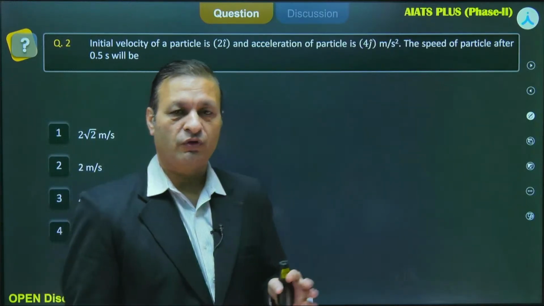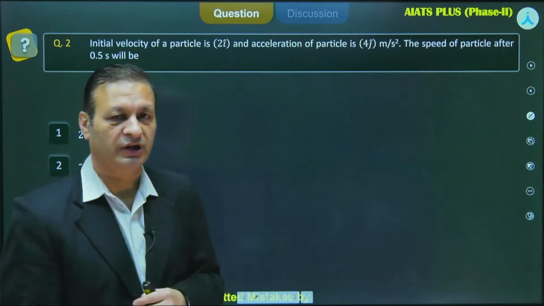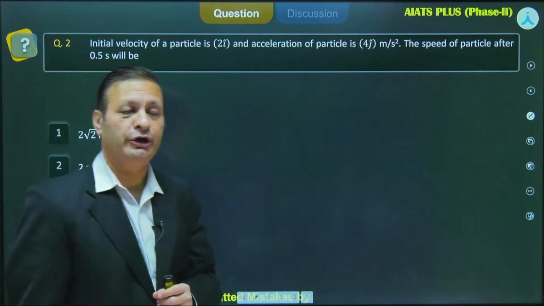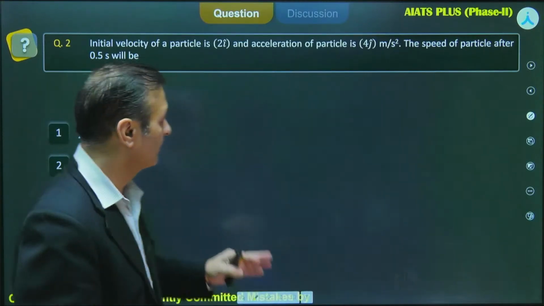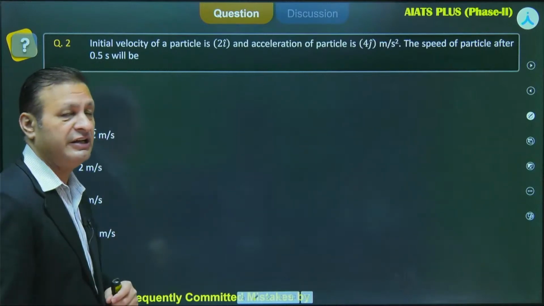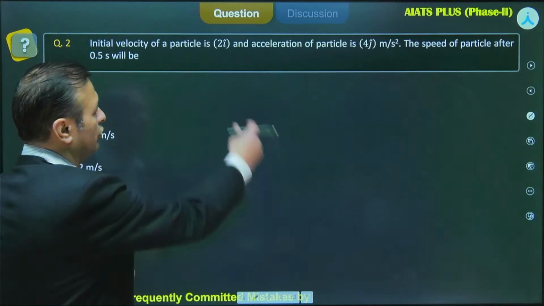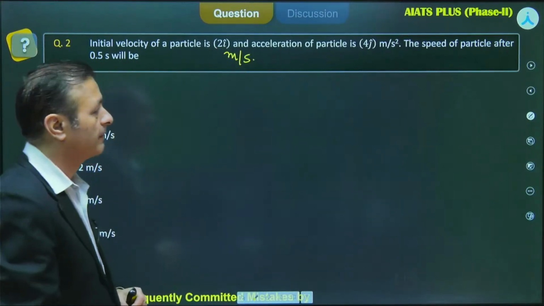Now, this was all about the motion in 2D concept, that was for the angular speed. Now, we have another question, that is again a continuation of your motion in 2D, that is motion in a plane. This question says, initial velocity of a particle is 2i. Unit wise we can assume it as meter per second again.